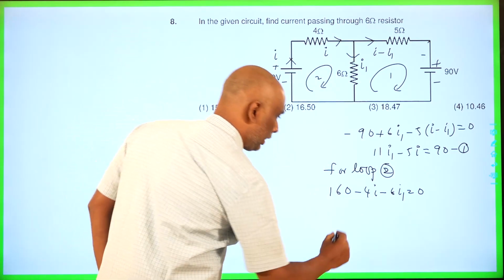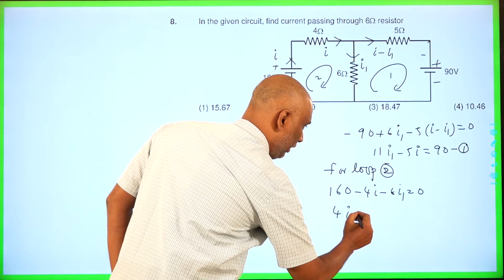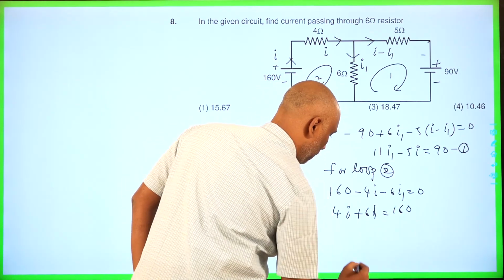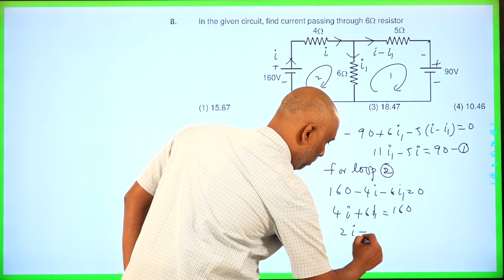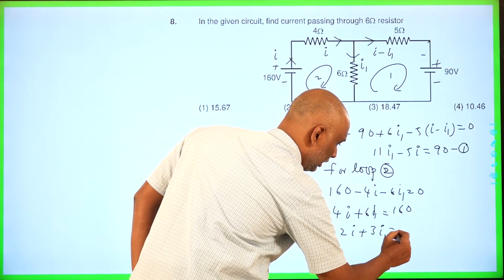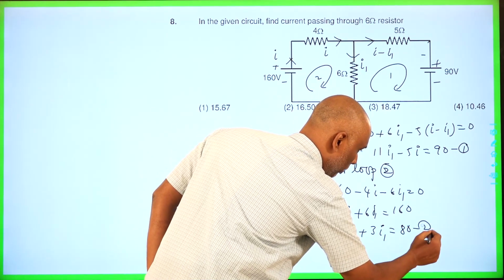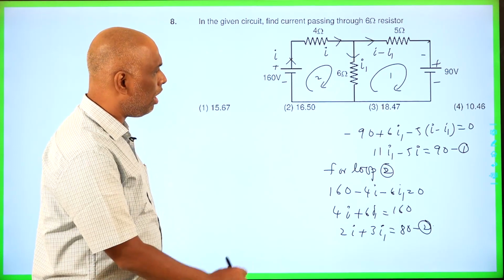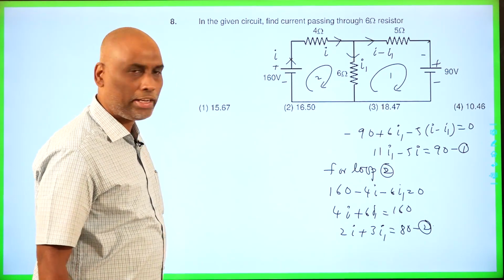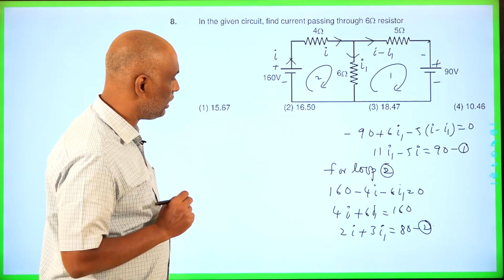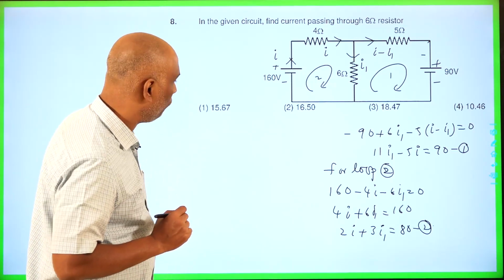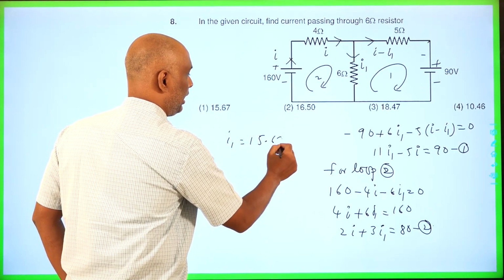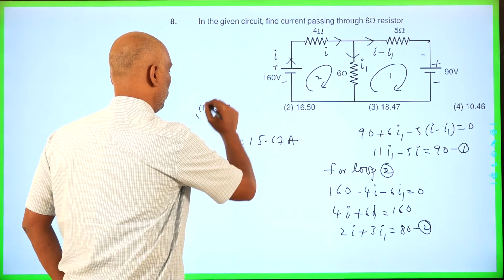So from this equation I can say 4I plus 6 I1 is equal to 160, that is, 2I plus 3 I1 is equal to 80. This will become the second equation. Now we can solve these two equations to get the value of I1. When I solve these two equations, we get this value equal to 15.67 ampere. First option.